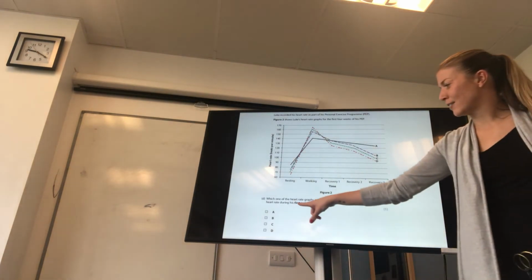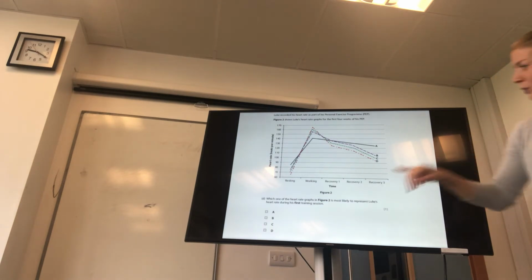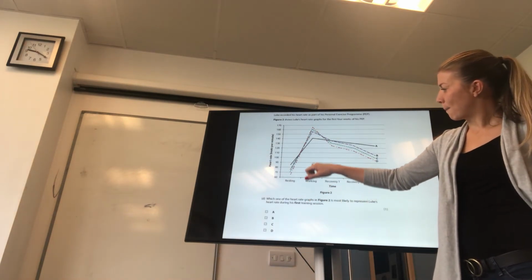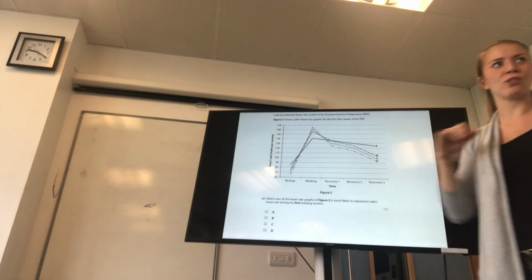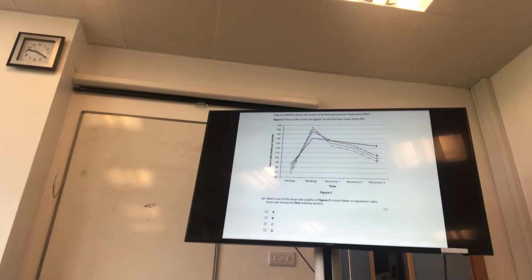It's during his first training session. So would his working heart rate, think about it, be highest or lowest during his first training session? Could be lower, because he may not be working as hard. Yeah, because it may be his first time doing it. When you get better at exercise, your heart rate might not be so high because you can get more blood in per beat.